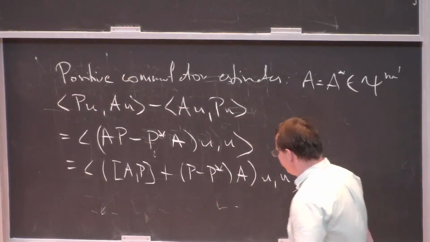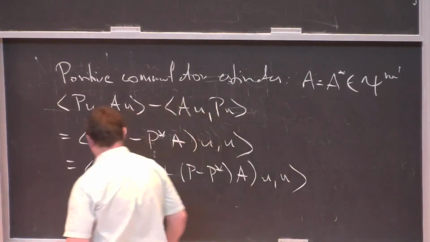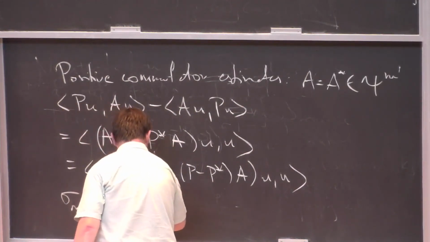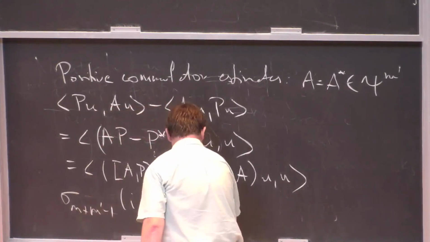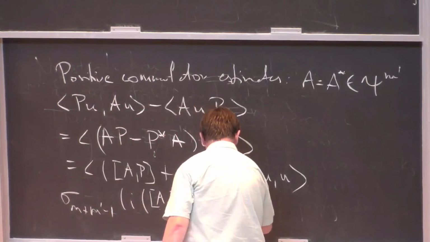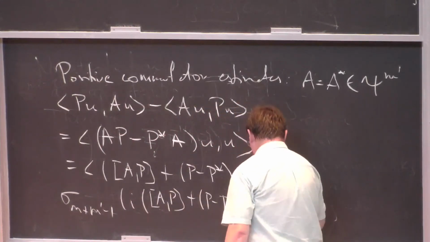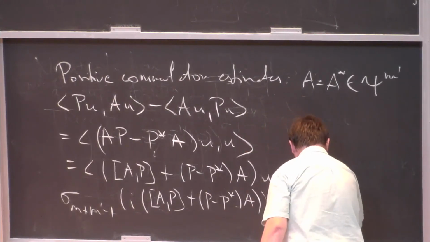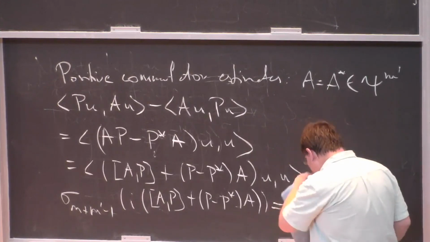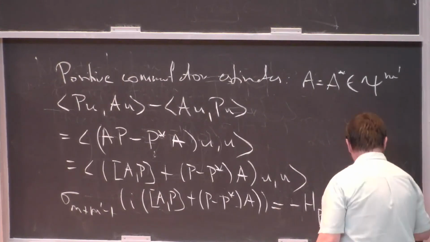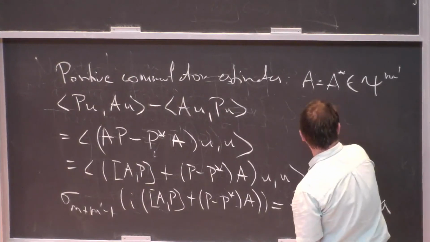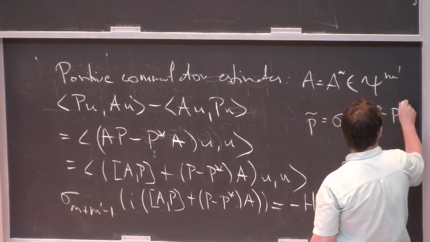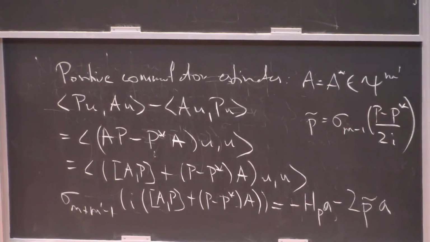Okay, and then the principal symbol of this, or maybe I times this, as an operator of order m plus m prime minus 1, of I times the commutator of A and P plus the other thing, if I have my signs right, is going to be minus H_P a minus 2 P tilde a, where P tilde is just the principal symbol of this difference over 2i. So this is the Q adjoint part.